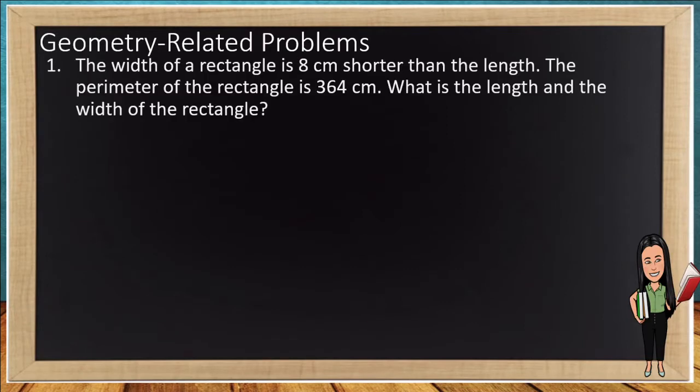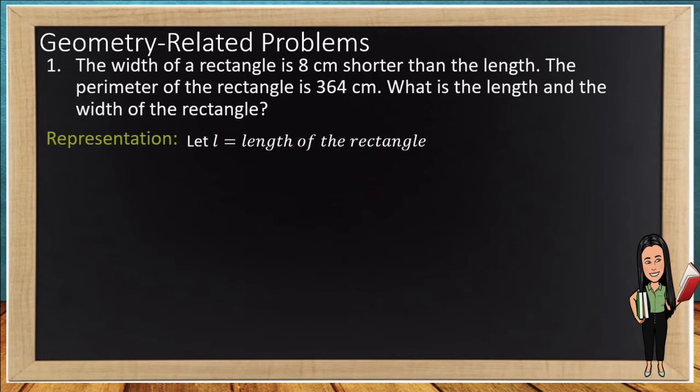Let's have one example. The width of a rectangle is 8 cm shorter than the length. The perimeter of the rectangle is 364 centimeters. What is the length and the width of the rectangle? Represent natin yung isa sa mga measurement. Okay, so we can use any variable. So in this example, let's use L to represent the length of the rectangle.